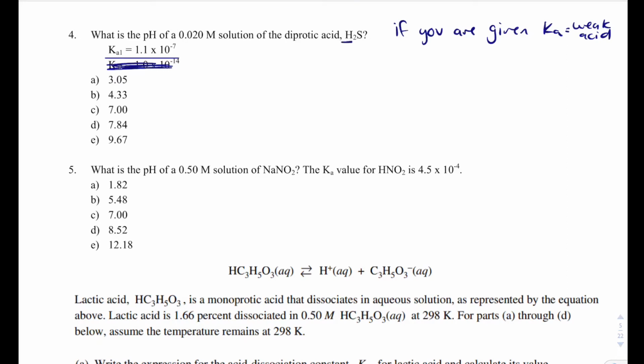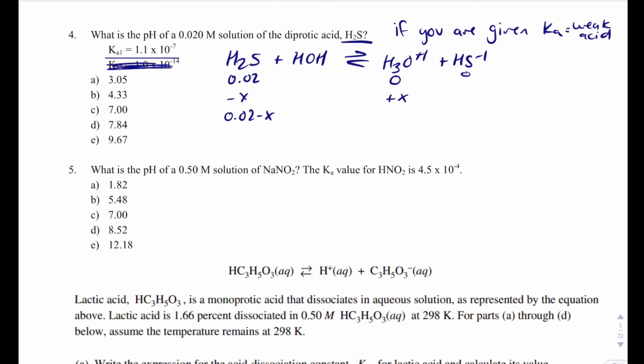But we have H2S, so H2S plus HOH, we will get H3O plus 1. If I can get the concentration of this guy, then I can take the negative log, and that'll be the pH, plus HS minus 1. And so we have 0.02 minus X, 0.02 minus X, 0, 0 plus X, X, and X, because this is a RICE table.